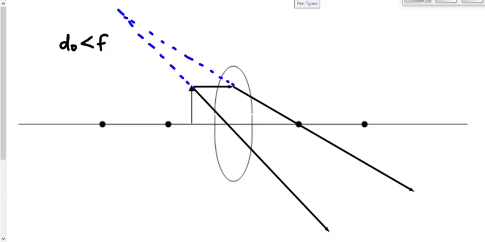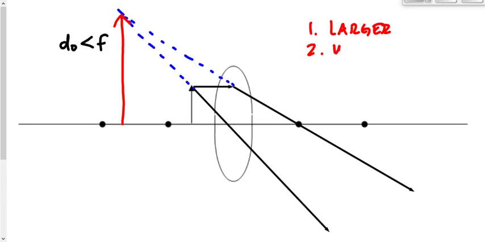And if the dotted lines intersect back here, we've got an image that is larger. We've got an image that is upright this time. And we've got an image that is virtual. Dotted lines are intersecting. So for this one, although there is an image, you can't project it onto a screen. You physically have to look into the lens to see it.